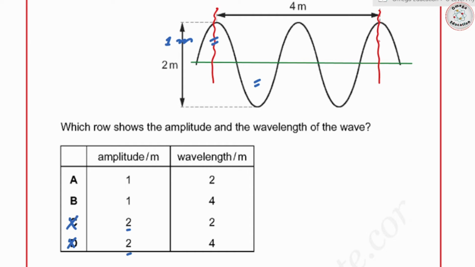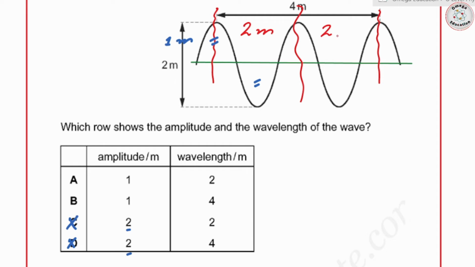Over here it would be convenient to define wavelength in terms of the distance between two consecutive crests, because they have mentioned the distance from crest to crest. But in 4 meters, we have moved two crests. All right, we bypass this one.